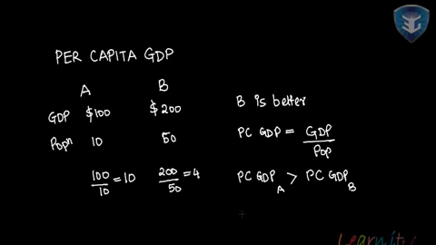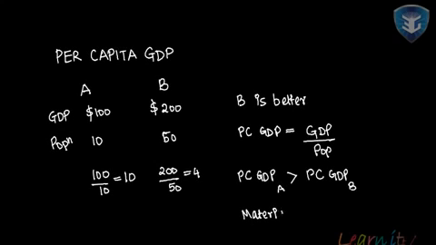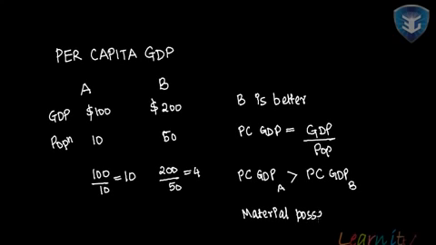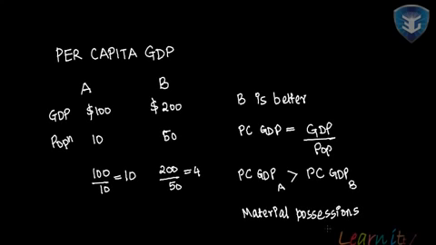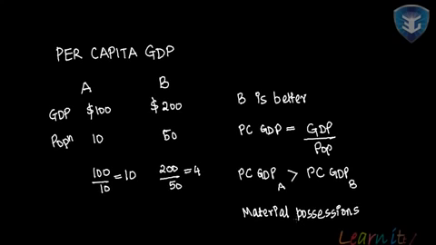See, per capita GDP is telling you how much material possessions you can have. So a country with a higher per capita GDP is likely to have more material possessions and hence more happiness.